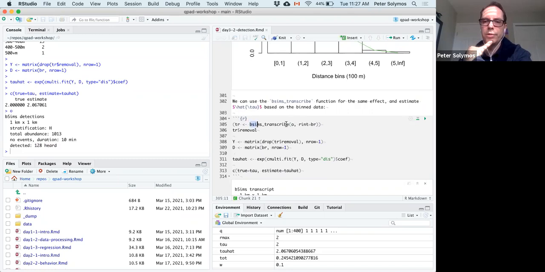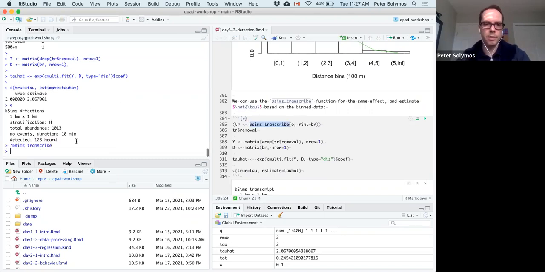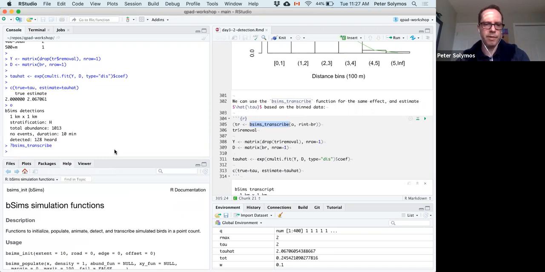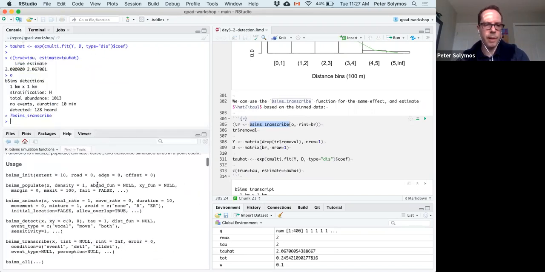So BSIMS transcribe takes a bunch of arguments. If you look up the help file, you're going to see you can specify the time intervals, the radii, which is what we did here with the breakpoints, 1, 2, 3, 4, 5, and beyond. Error, which is something we'll come back to.